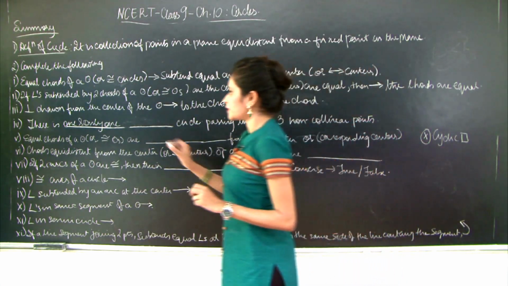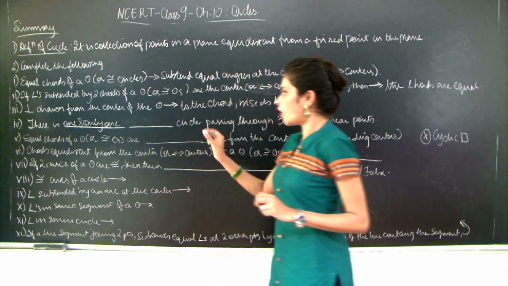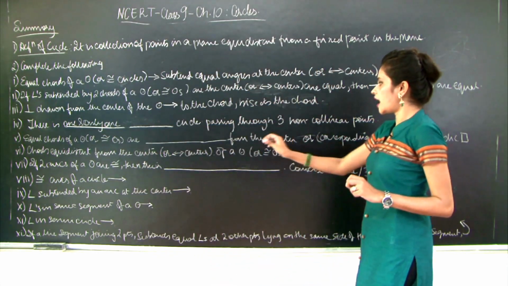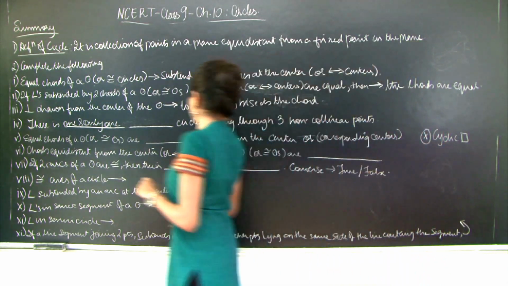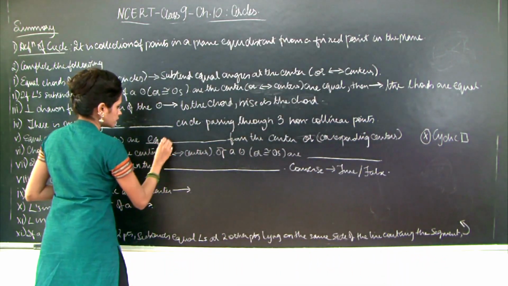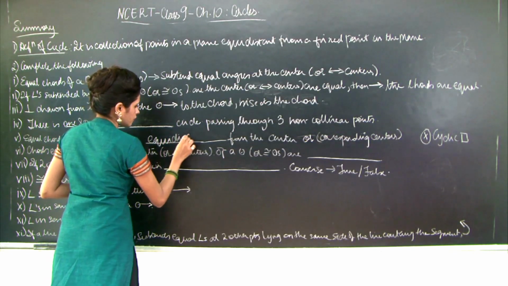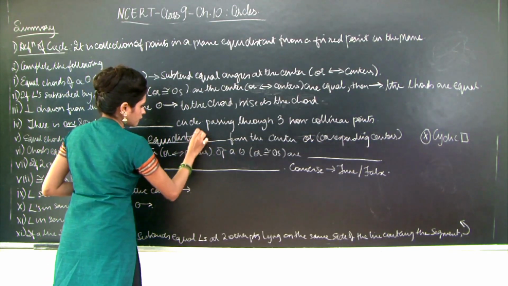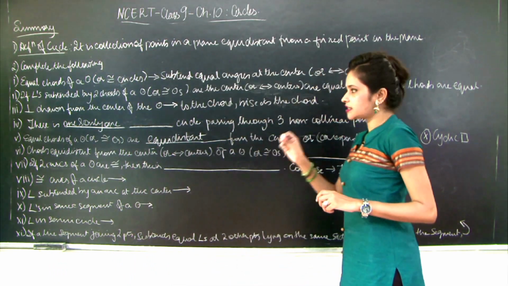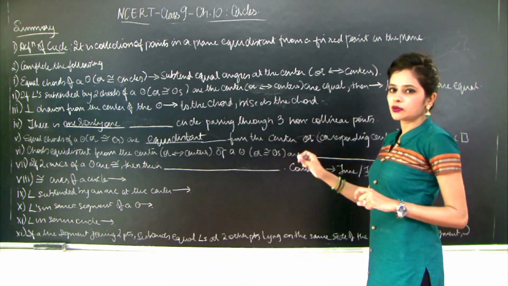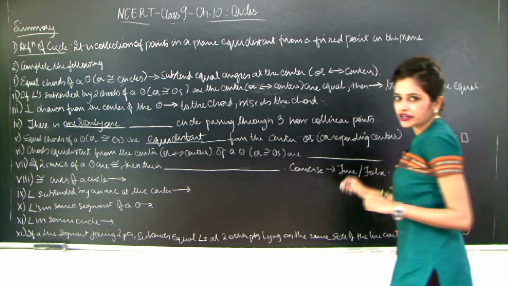Moving on, the fifth one. Equal chords of a circle or congruent circles are dash from the center or corresponding centers. So ready? Equal chords of a circle or congruent circles are equidistant from the center or corresponding centers.